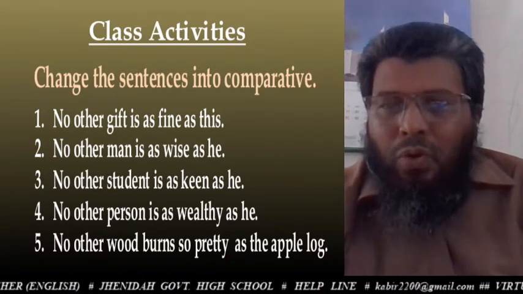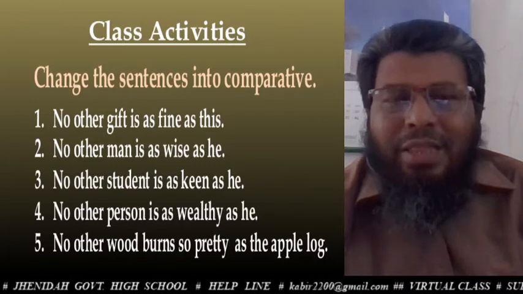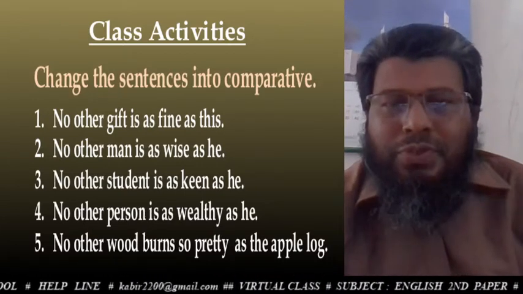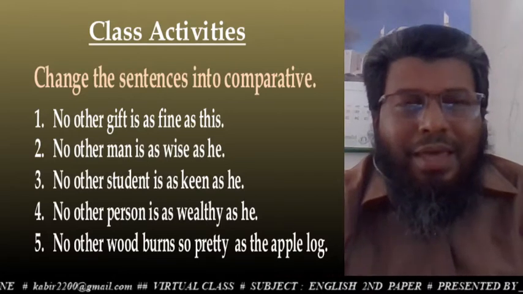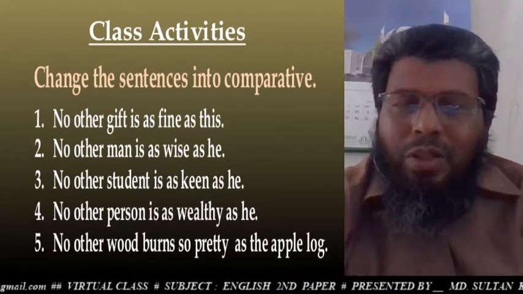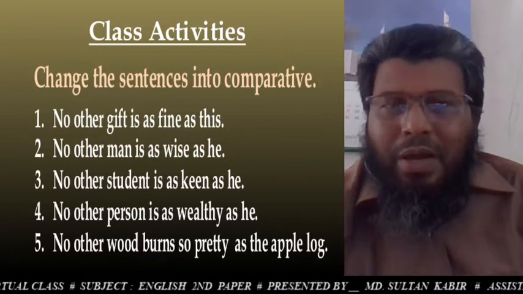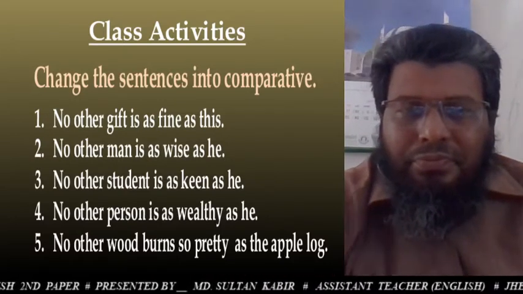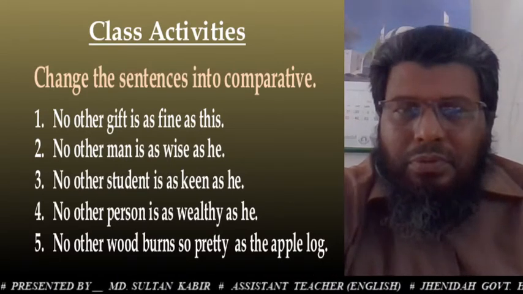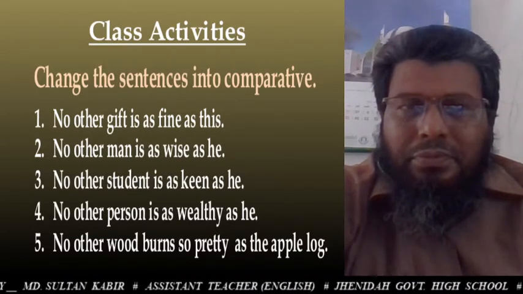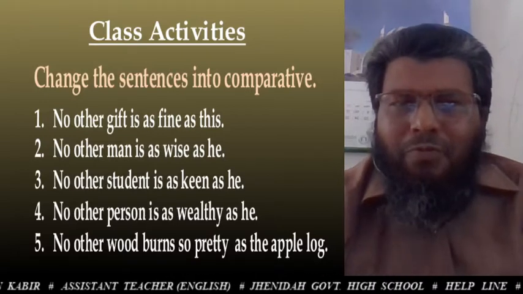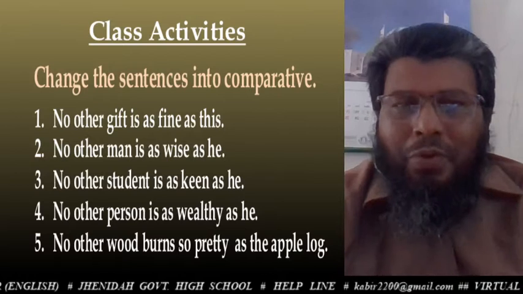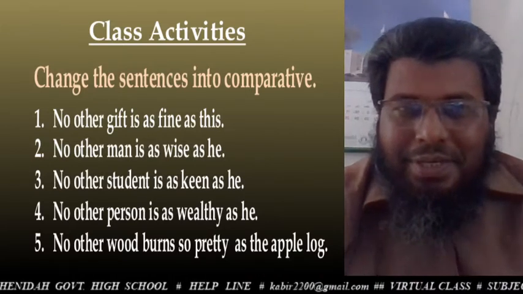Number 4, no other person is as wealthy as he. And the last one is no other wood burns so pretty as the apple. So do all the 5 sentences to comparative in a very short time. If you follow the rules which we have discussed today, then it will be easy for you to do the task.